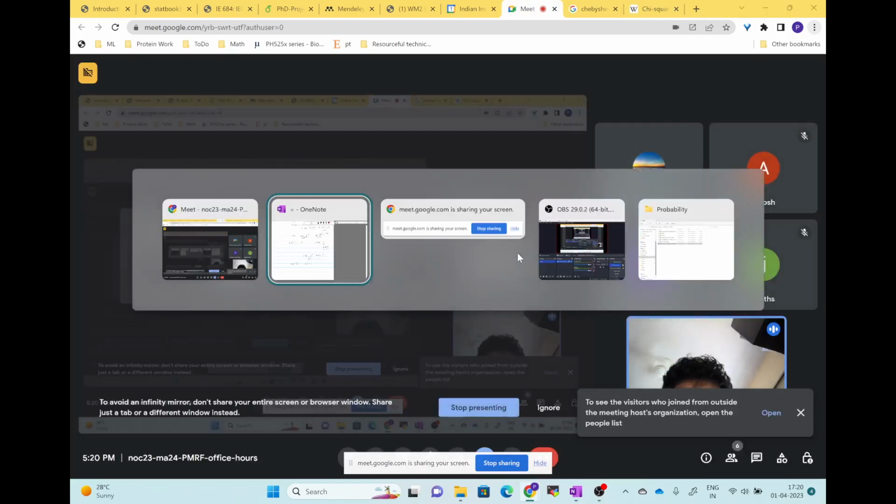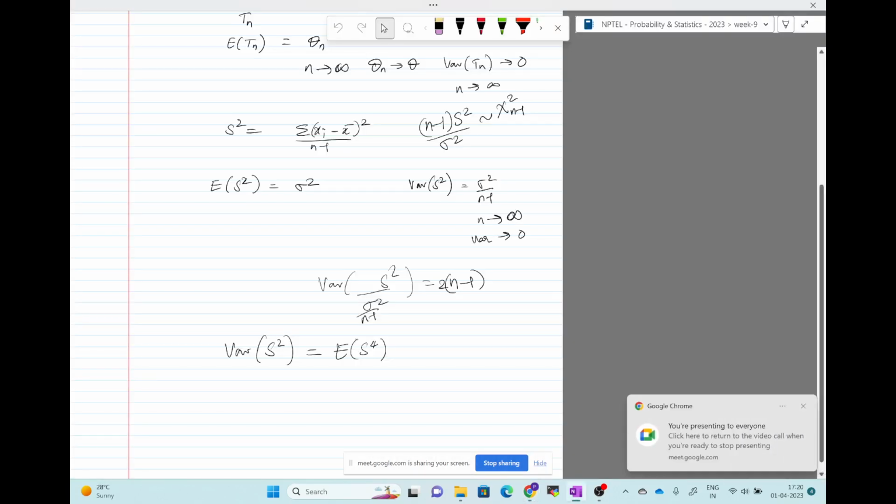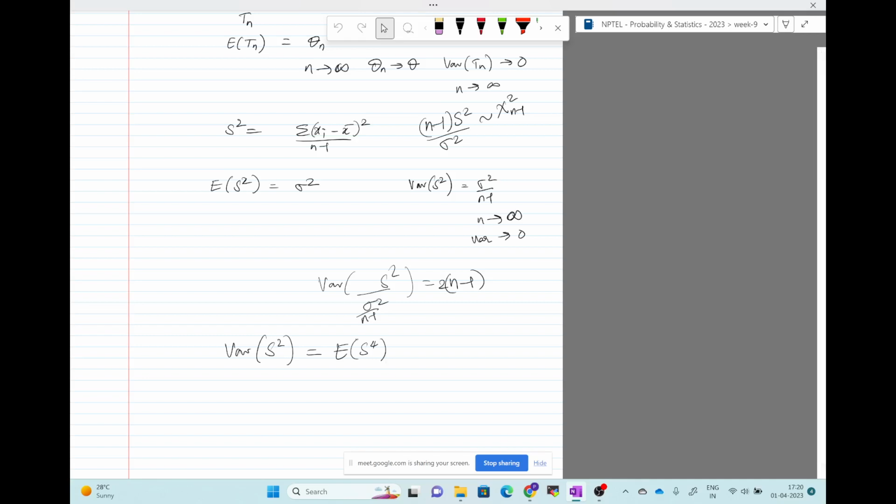My network had some problem. Okay, what are you saying? Variance of s square is equal to 2 into n minus 1 divided by, sigma power 4 divided by n minus 1 whole square, like this. Yeah.